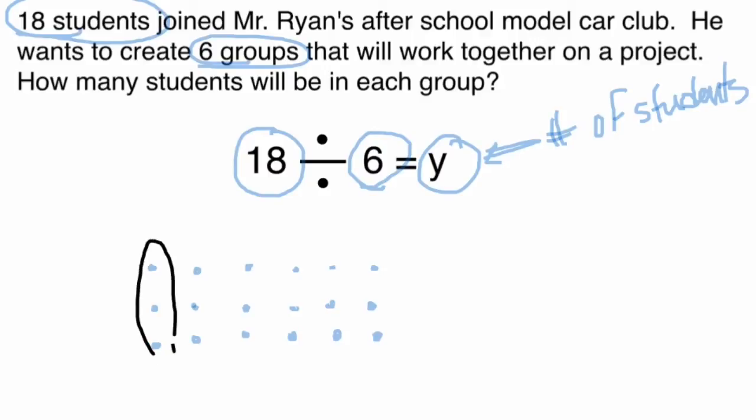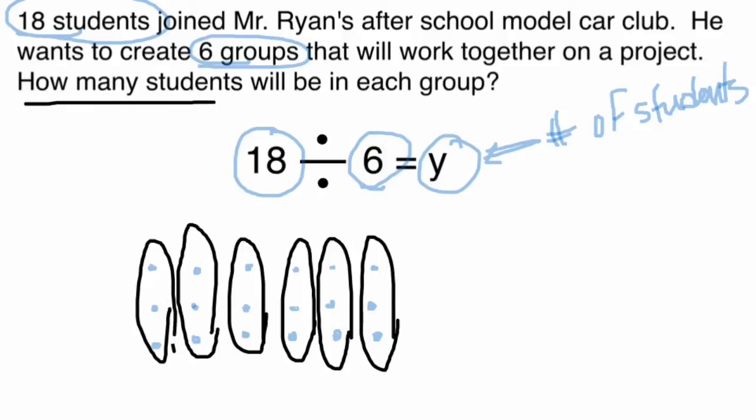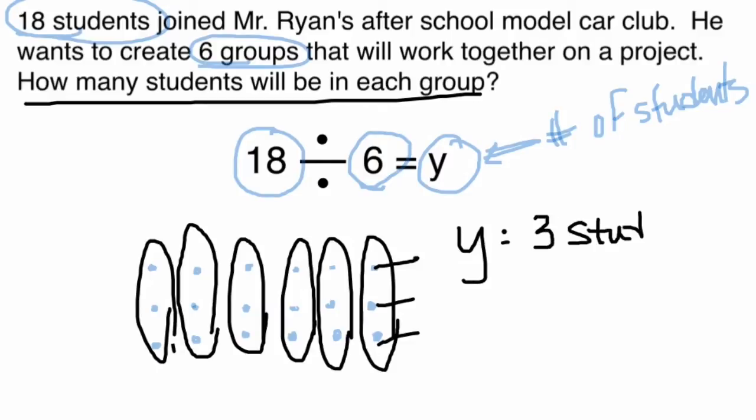I know that I have one group here, 2, 3, 4, 5, and 6. So those are my 6 equal groups. But what the question's asking me to find out is how many students will be in each group. All I have to do is count the number of students in one of those groups, and I know that there's 1, 2, and 3. So my answer, y, would equal 3 students in each group.